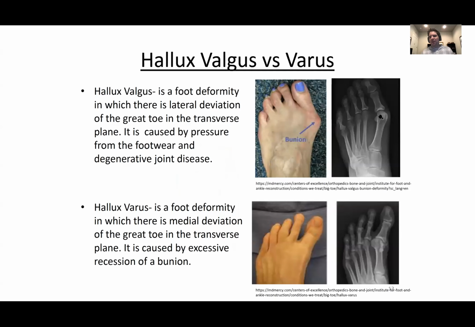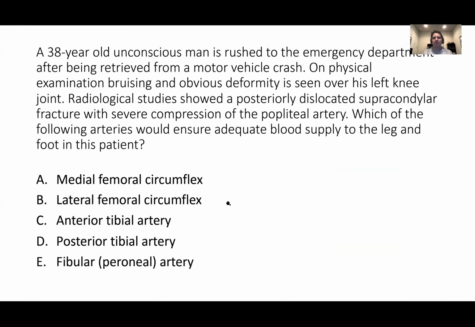Same thing here, from the point of this joint, we see the large toe is displaced laterally, so that'll be valgus. And if the big toe is displaced medially, toward the medial aspect of the body, that'll be varus. So always use the distal aspect again.